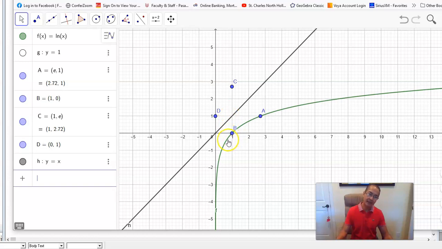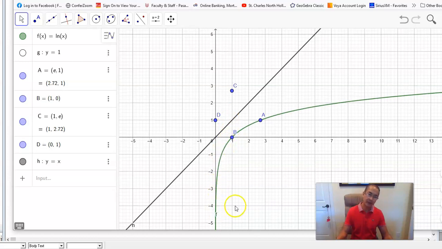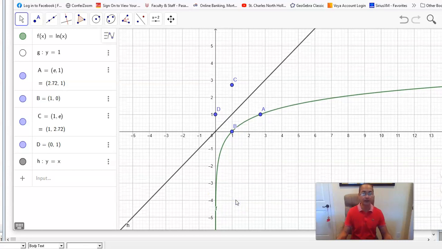So what happens as ln of x approaches its vertical asymptote? Well, x and y exchange places, so this says as x goes to 0 from the right, y goes to negative infinity. Okay, so we'll say that backwards.